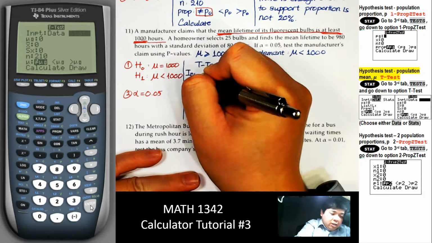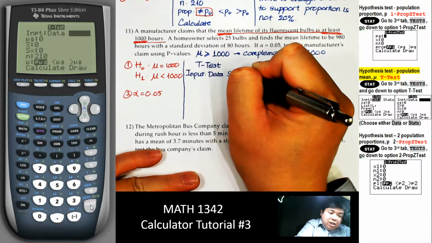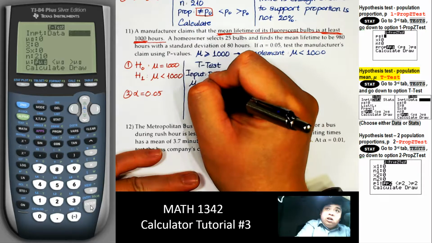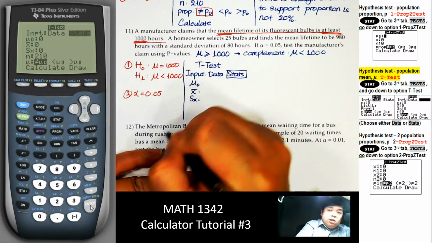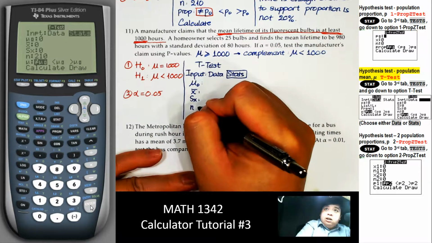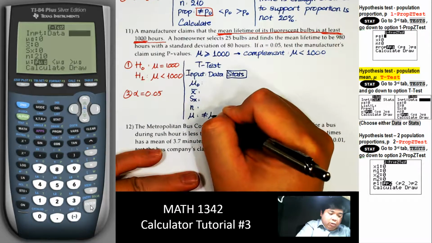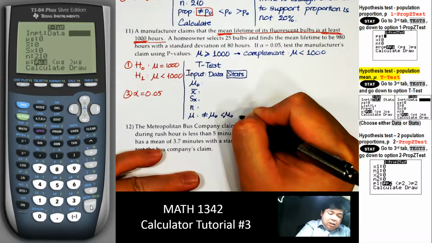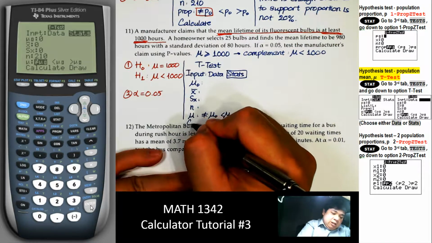So input, data or stats, and we choose stats: the mu naught, x bar, standard deviation, n, and mu not equal to, less than, greater than, and then calculate.